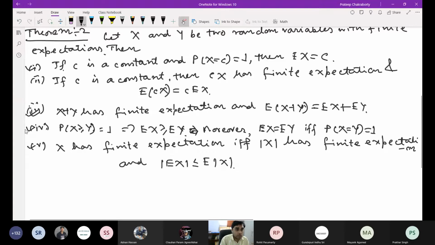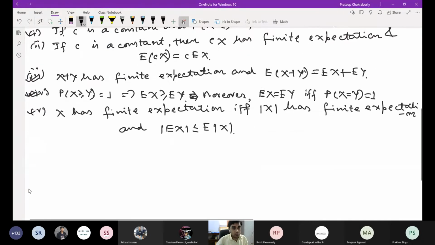To prove 3, we need something more, which is called a discrete random vector, which I also defined in the last class. To prove 3 we need this, and from 3 we will prove 4. So we will now introduce the discrete random vector.